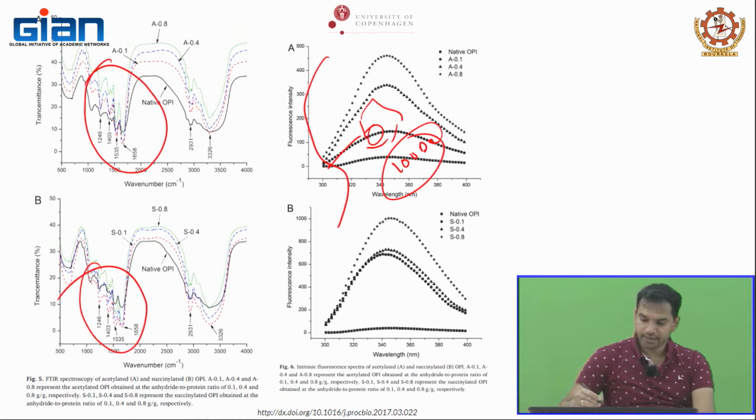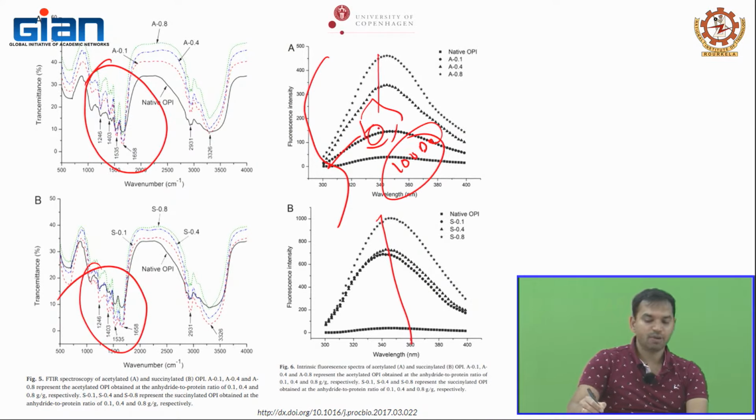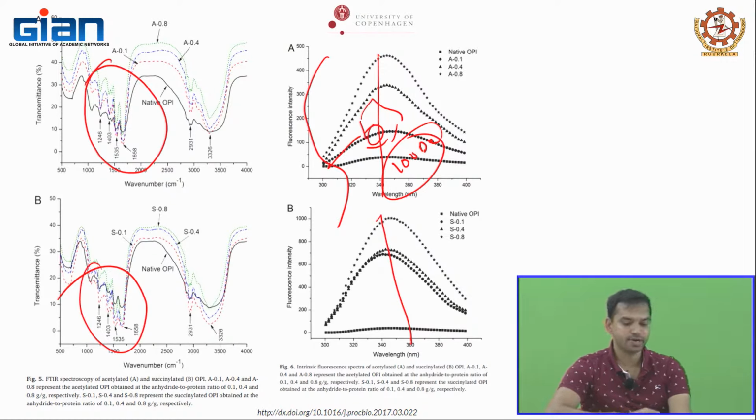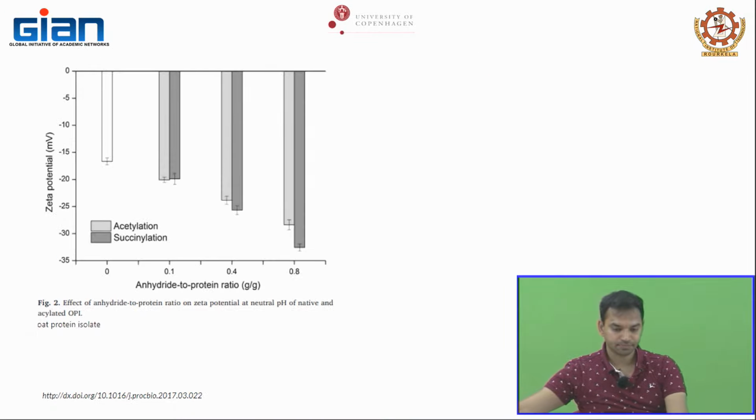And this again shows how the tertiary structure changes when you do succinylation. You do not have to remember the graph, as I said, just remember that things change when you chemically modify proteins, and that can be evaluated by FTIR or fluorescence spectroscopy. I have already taught that to you in the previous lecture.